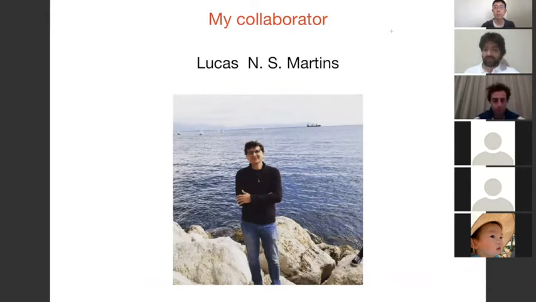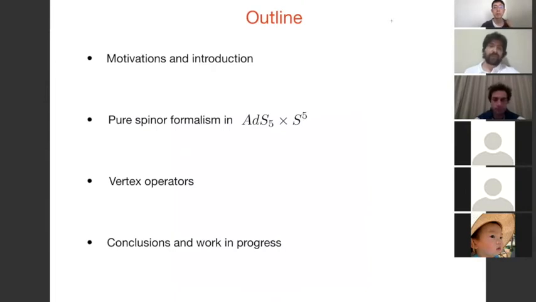So the outline of my talk: I will start with some motivations and introduction. Then I will give the expressions for these vertex operators in the pure spinor formalism, so I will review a bit the pure spinor formalism.